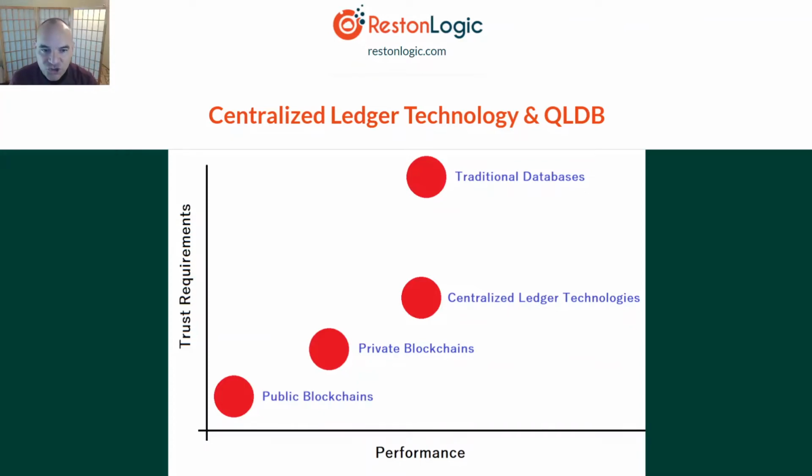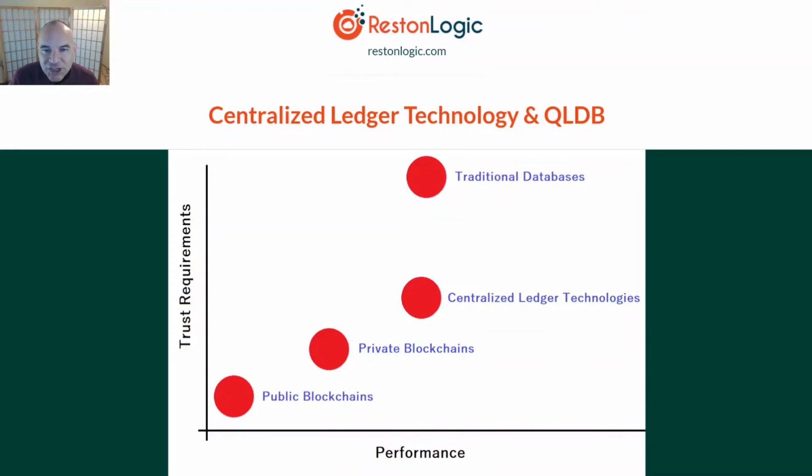Unfortunately, as you minimize trust requirements, you also incur a performance penalty. So traditional databases have the best performance, but they also have the greatest trust requirements. Public blockchains have the least, if any, trust requirements, but they also have the worst performance. And then private blockchains and centralized ledger technologies are in the middle, providing a different compromise between those two competing forces.